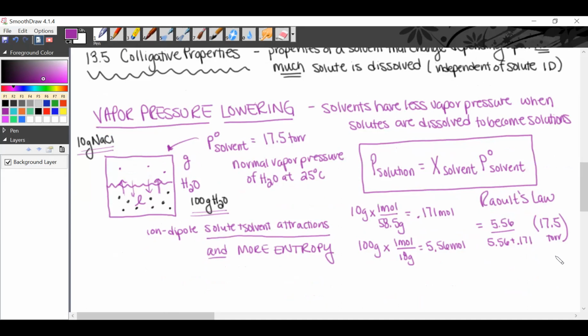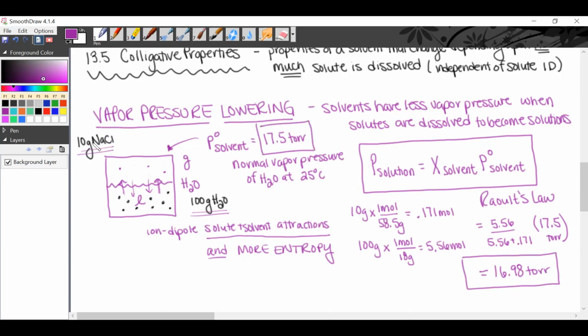And so my new vapor pressure is 16.98 torr. See how it went down, right? We started off at 17.5 torr, and now it's down to 16.9 torr.